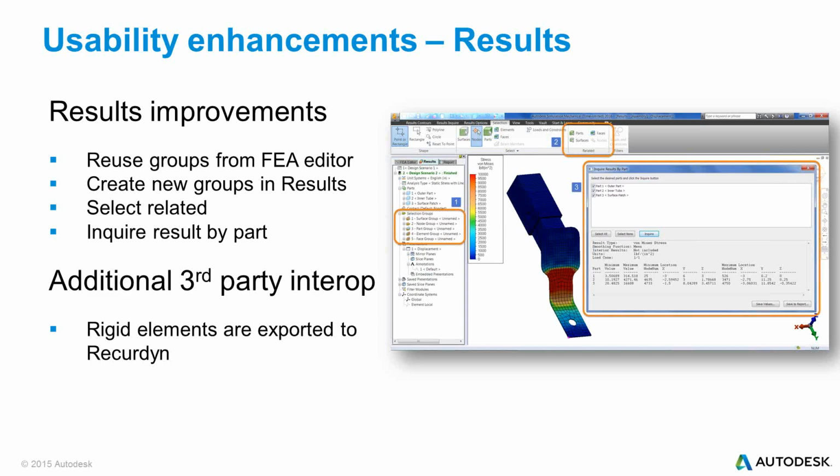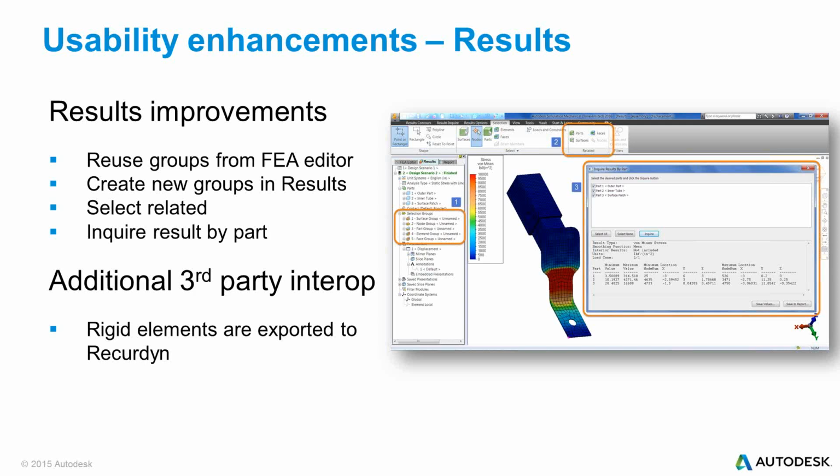In addition, we show the node number and the XYZ coordinates for the minimum and the maximum results for each part. And we added the save values and save to report buttons to this dialog, which can now save the output of this dialog box to a text file or directly to the HTML report for the current design scenario.